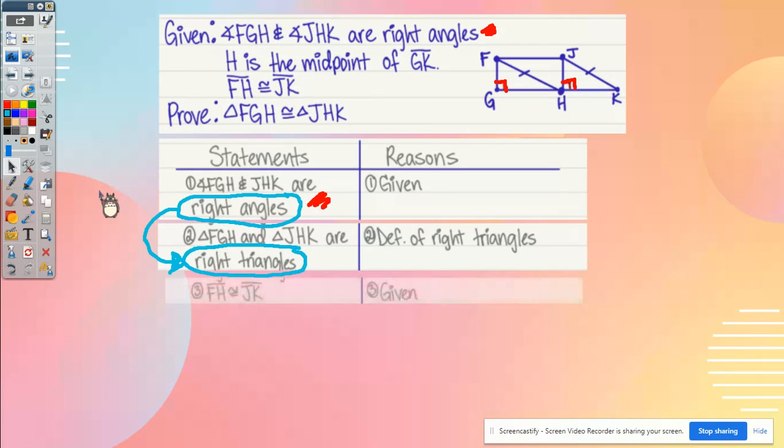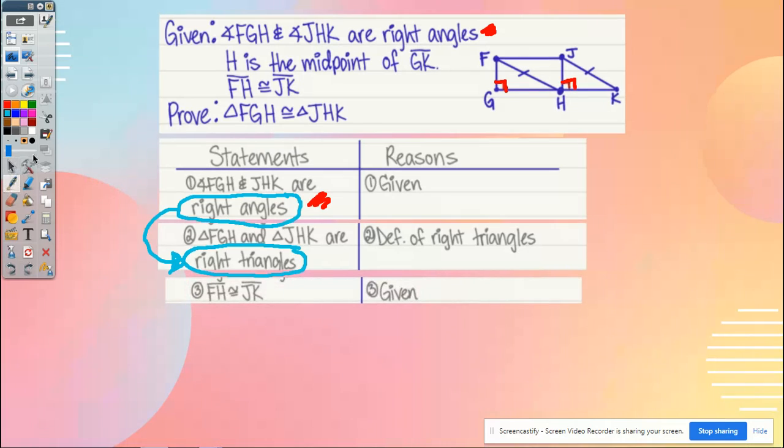Right, next, I'm going to use another given, and I'm going to do this one in green. So notice here we have plenty of givens, so I'm using this one down here. FH is congruent to JK. Given to me, and it was already on the diagram.